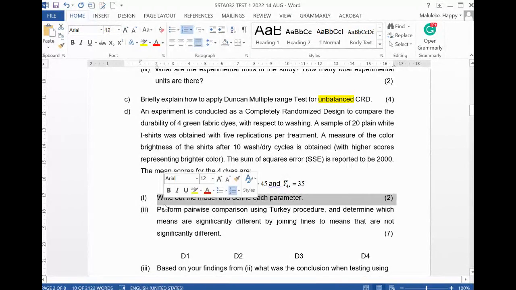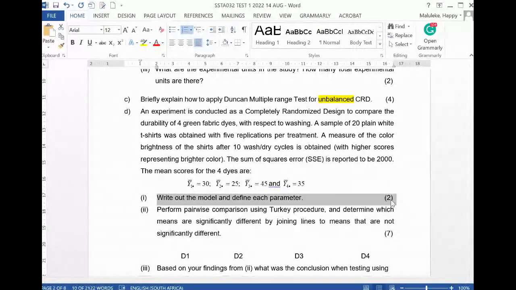Guys, the reason why I gave it 2 marks, I assume that everyone knows this thing from this part. I asked you to write the model. You write the model, guys. Yij is equal to the population mean plus tau i plus Eij, the errors.